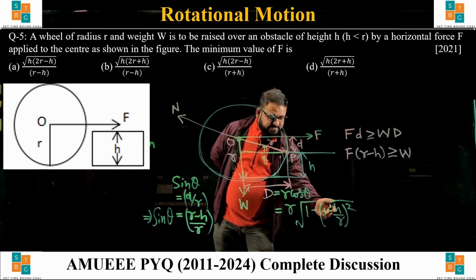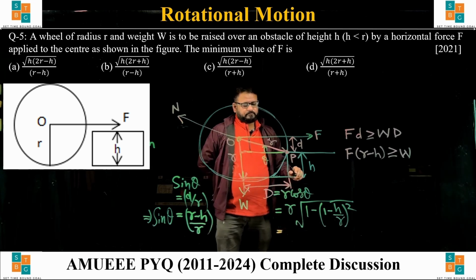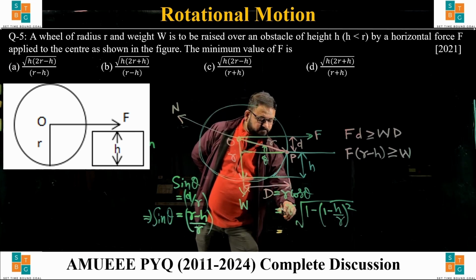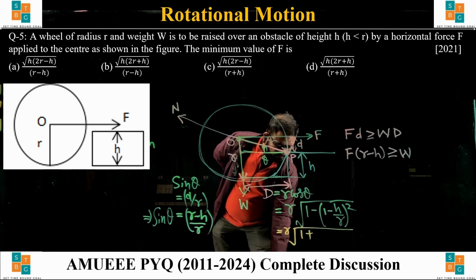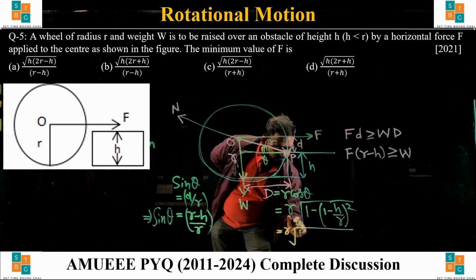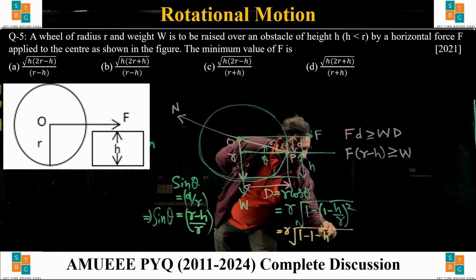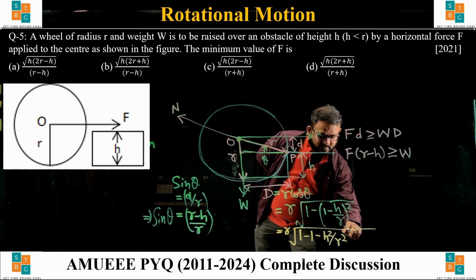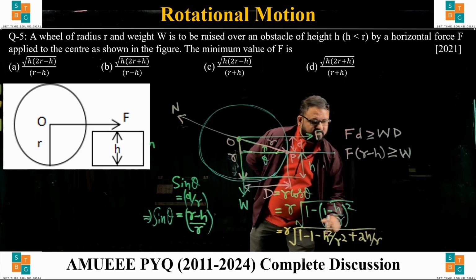So let us take this thing. Minus 2hr is 2h by r.